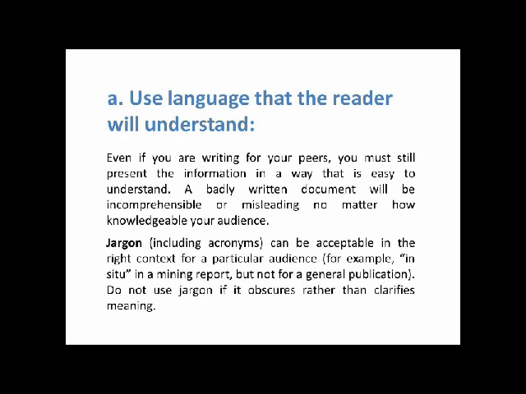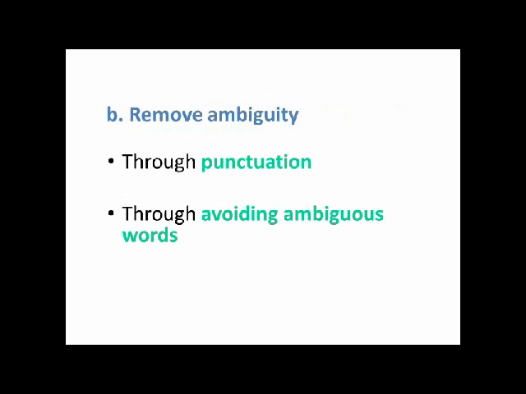So we're using language that the reader will understand, and then we'll also try to remove ambiguity. Ambiguity is when there's two or more potential interpretations of something. There are lots of words in English that have two or more meanings, and if English is not your first language, you'll be even more familiar with this.